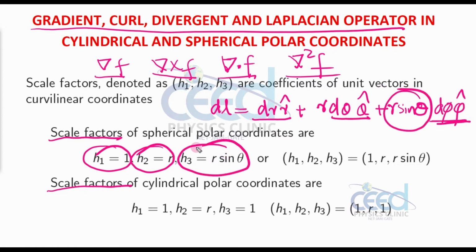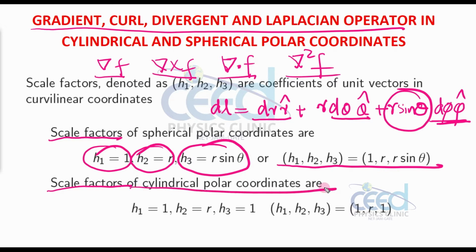So we defined scale factors as the coefficients in the length element. Okay, h1 h2 h3 you have to remember by heart: that is 1, r, r sin theta. And next, scale factors in cylindrical polar coordinates.